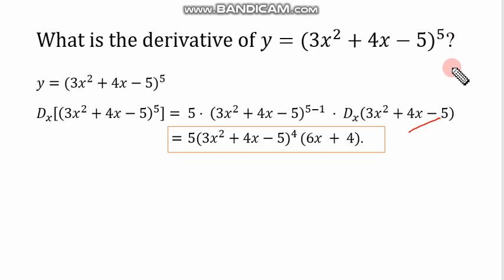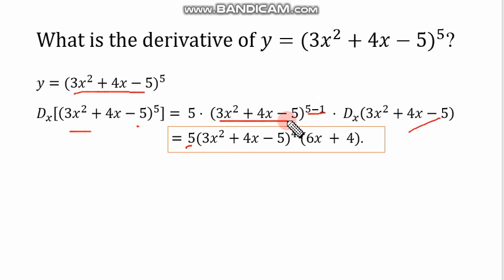Okay, so for example, we will get the derivative of y is equal to 3x squared plus 4x minus 5, raised to the fifth. The outer function here is this whole thing raised to the fifth. So the derivative using the generalized power rule is the exponent, 5, times 3x squared plus 4x minus 5.